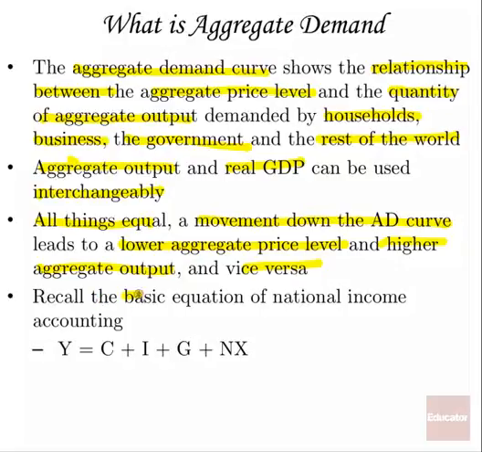So let's recall the basic equation of national income accounting. This is the real GDP equation here. You have Y, or the real GDP, equals C, where C equals consumer expenditures.